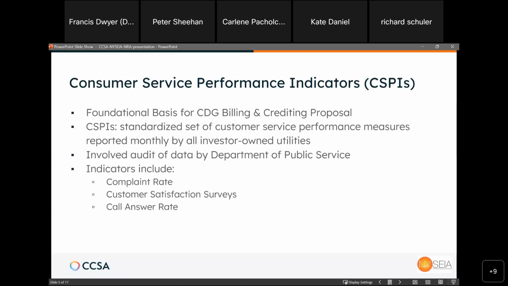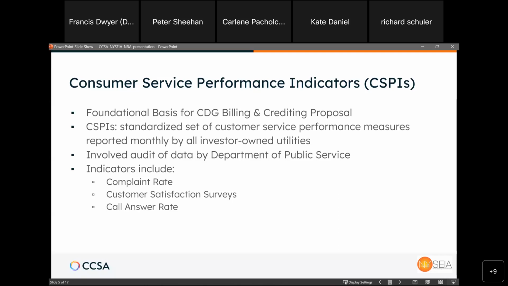This was mentioned earlier, but we have used the consumer service performance indicators as a foundational basis for our proposal. As staff mentioned, this is a standardized set of customer service performance measures reported monthly by all investor-owned utilities.